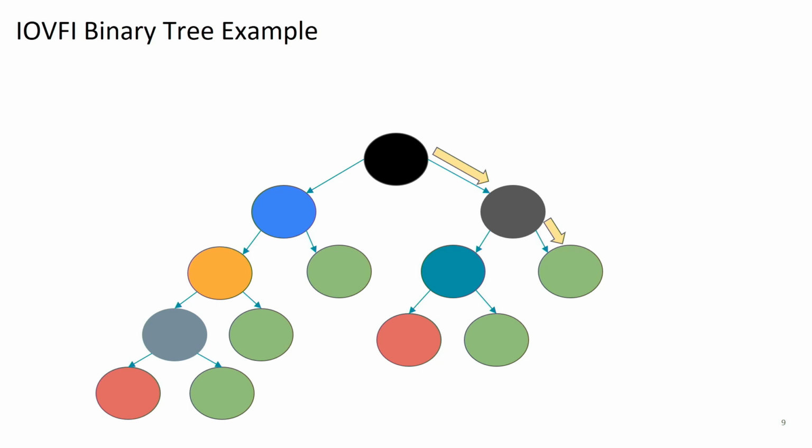However, if we're presented with an unknown function that encodes functionality that we haven't seen, then some IOVecs will be rejected, and a different path through the binary tree will be taken. And in this case, some unknown function accepts the root IOVec.